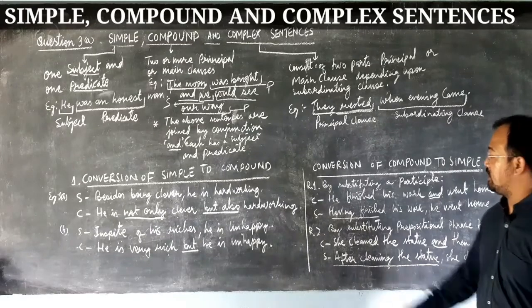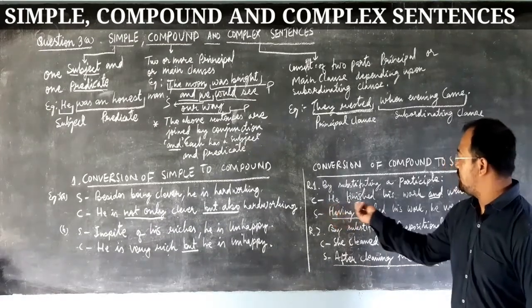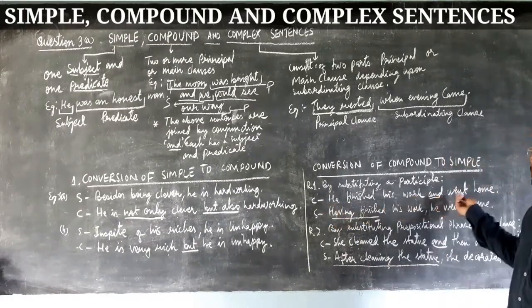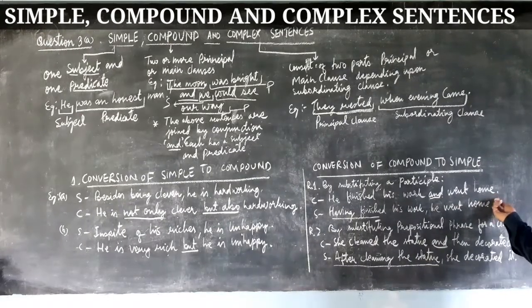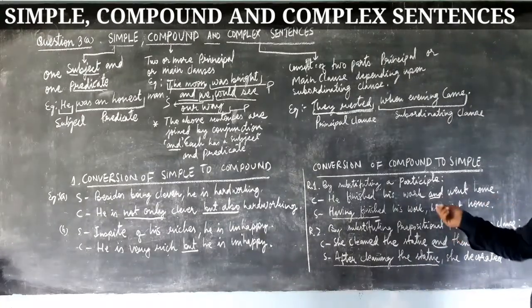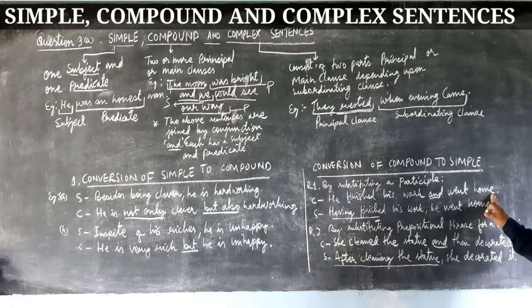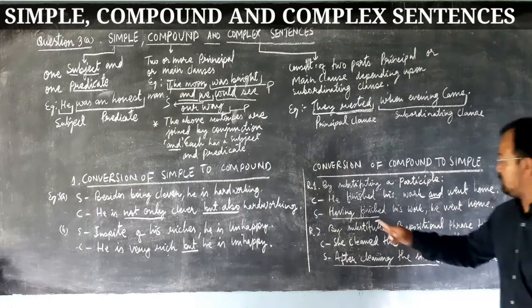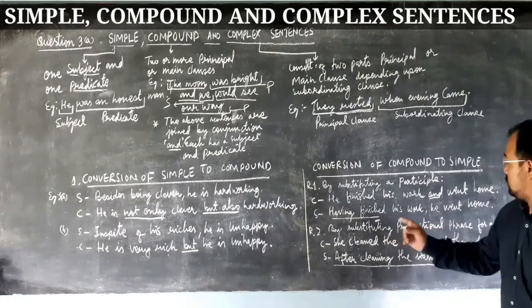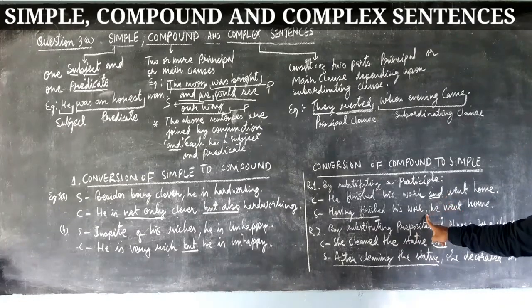Okay, like here compound sentence, he finished his work and went home. Like and is a conjunction, so 2 sentences are joined here. But again you have to join these sentences by substituting a participle. Like here what you will do is you will remove this and instead of that you will put comma.